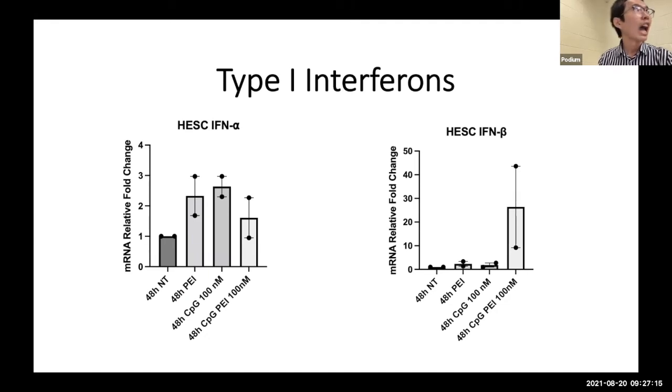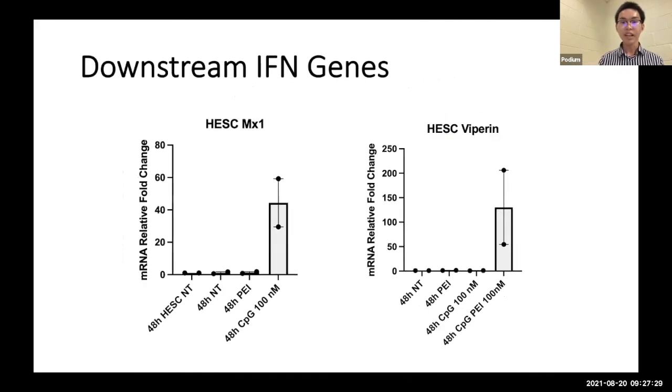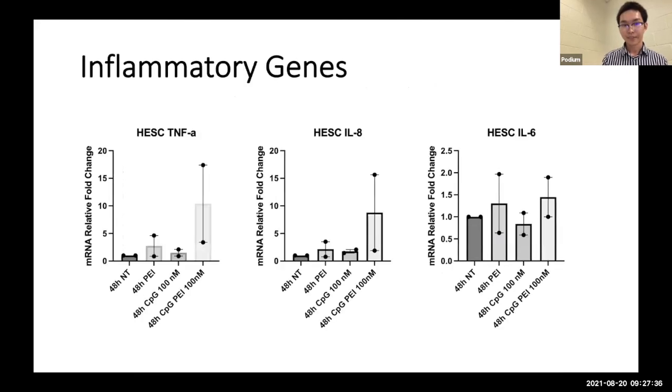These are our attempts to verify the data that we got from the previous experiment. You can see, again, interferon beta is very upregulated by about 30 times. As a result, MX1 and Viperin were also induced by that.